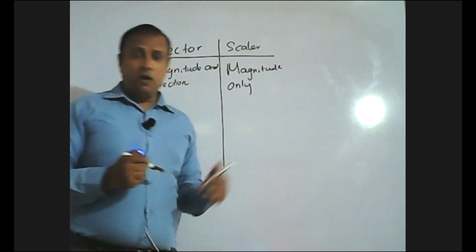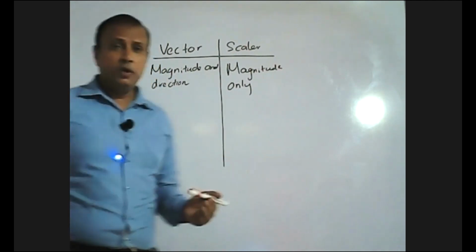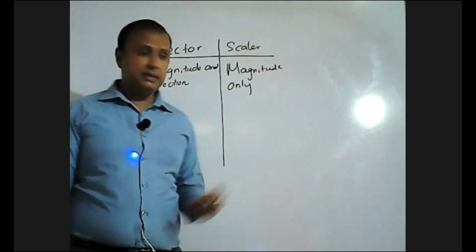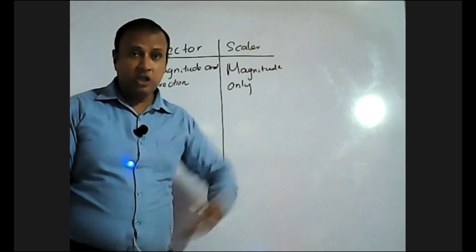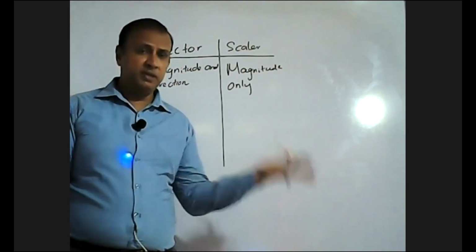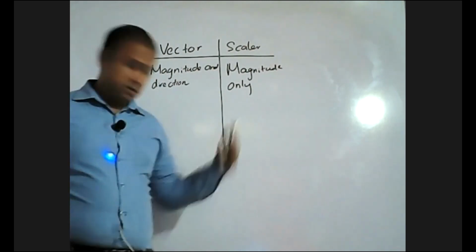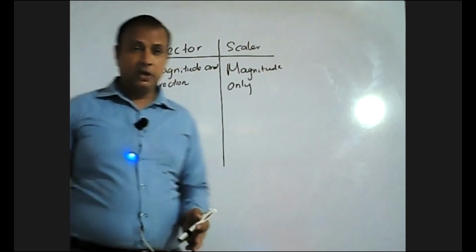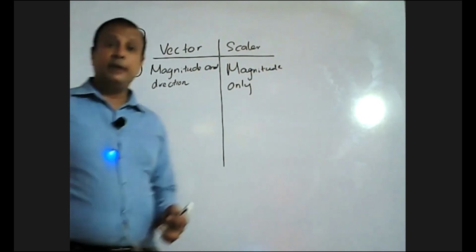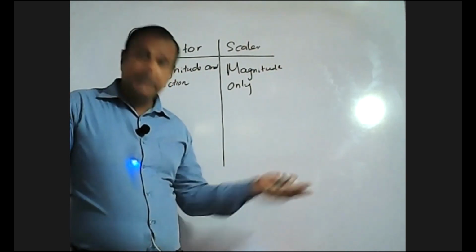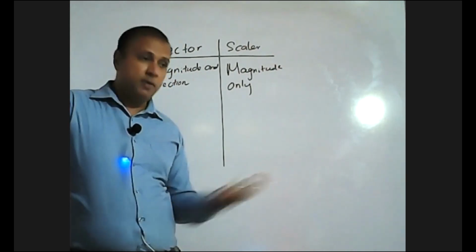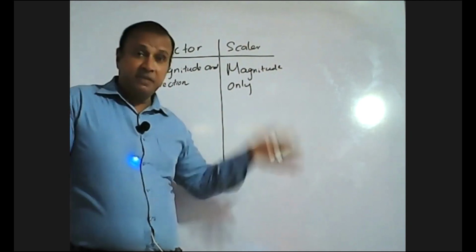The second thing, this is the most important thing. In scalar quantities, we can do normal mathematical operations, such as addition, subtraction, division, multiplication. We can do whatever mathematical operations for scalar quantities. Normally a number is a scalar quantity.